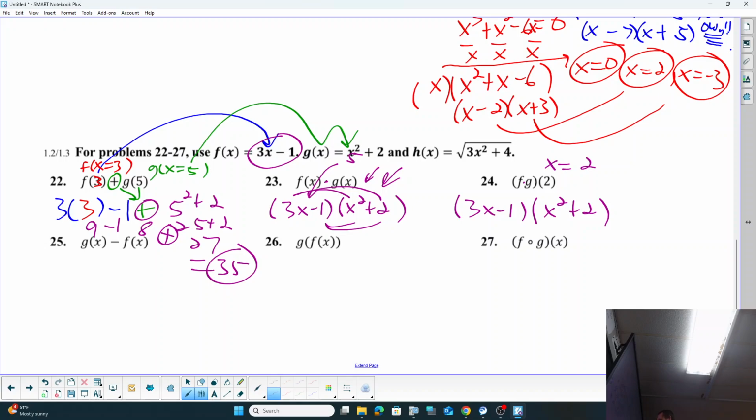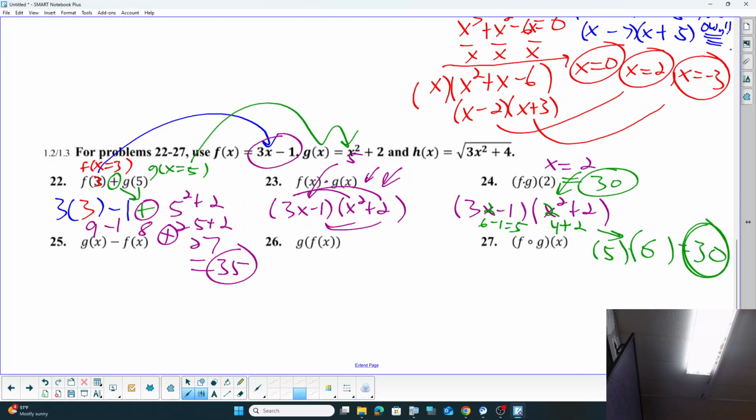If I plug those numbers in first, it's real easy, because 2 squared is 4, and 4 plus 2 is 6. Then we plug a 2 in here. 3 times 2 is 6, minus 1 is 5. So we're going to times 5 times 6, and 5 times 6 is 30. We got it. So this equals 30.